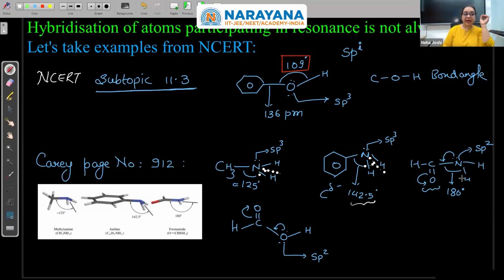Whereas for amide, it is found that the angle with the bisector is 120. So in the case of amides, nitrogen is sp2. These are the exact cuttings from Carey, and this is explained here.